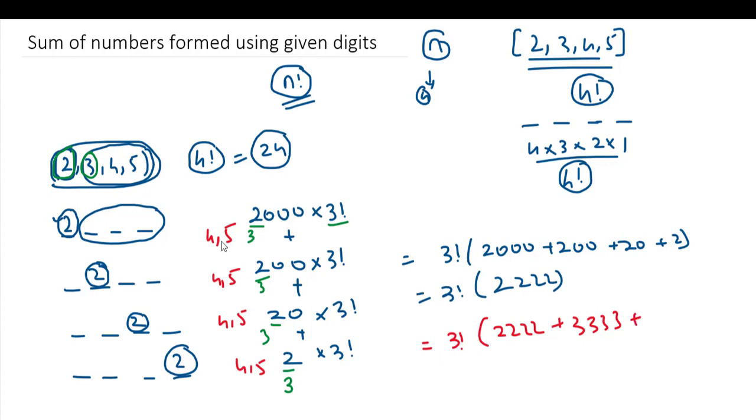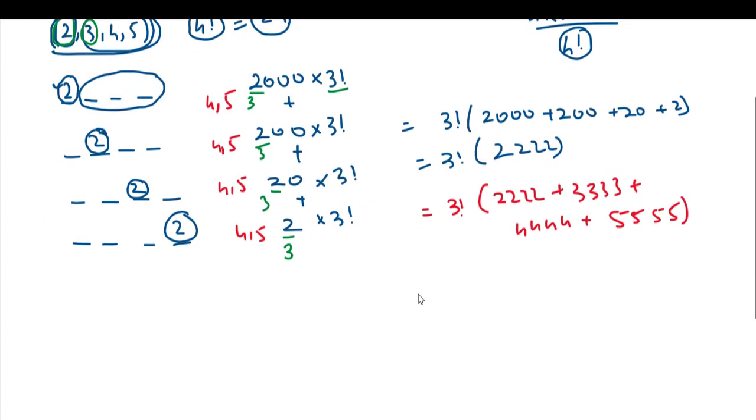Likewise, for 4 we'll get 4444. And in case of 5, we'll get 5555. So the sum will be equal to 3 factorial into, we can take 1111 common from all these 4 numbers. So in the bracket, what we will be left with is 2 plus 3 plus 4 plus 5.